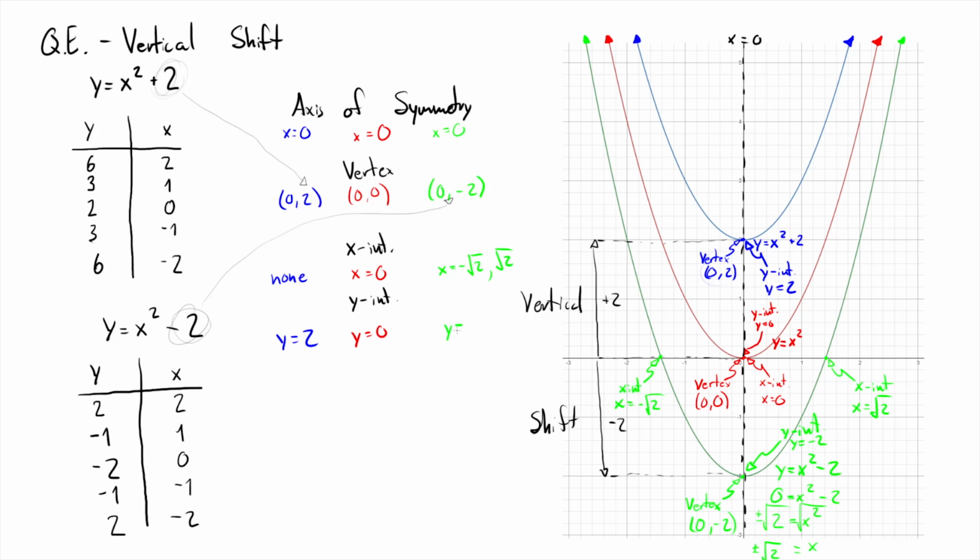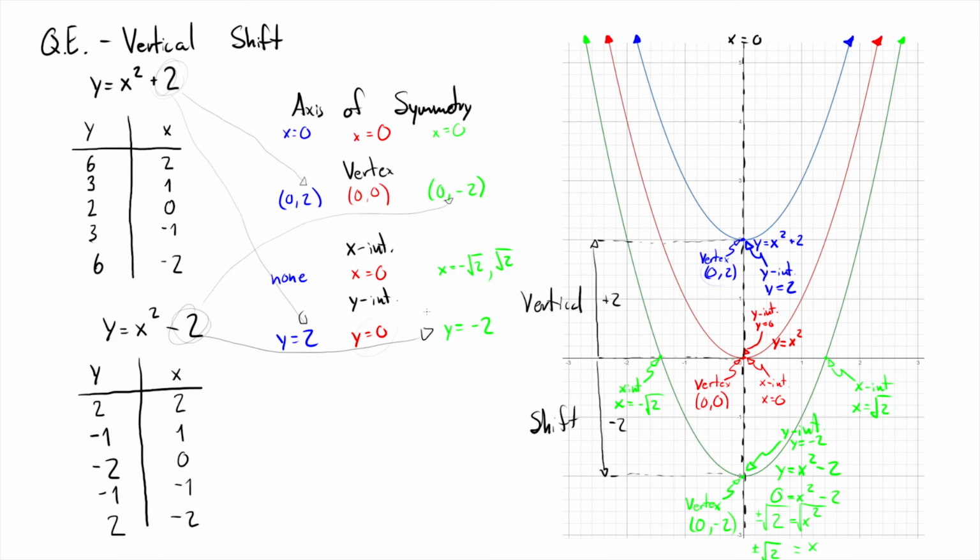So y equals negative 2. And you'll see again that there's a correlation with the y-intercept as well as what we are adding or subtracting here. So again, the plus 2, and the minus 2. And again, we have y equals x squared plus 0, and that's where we get this middle value for the red graph.